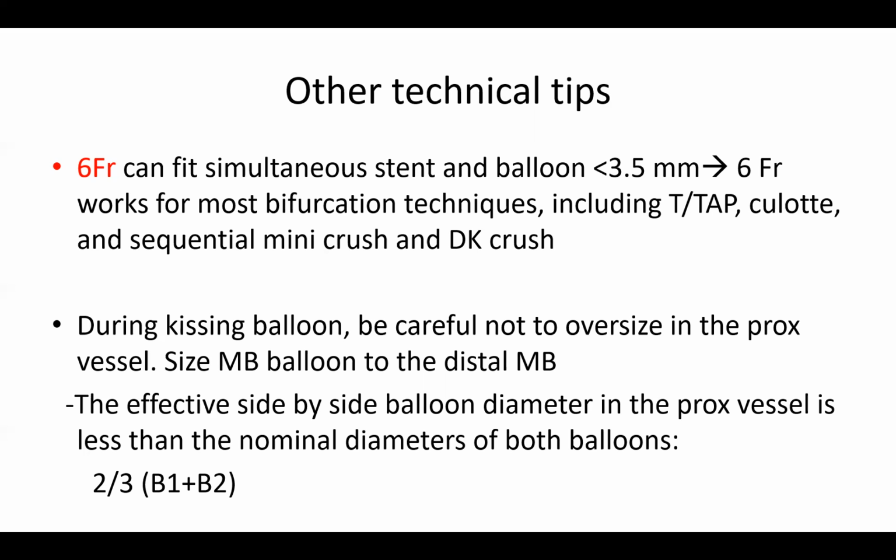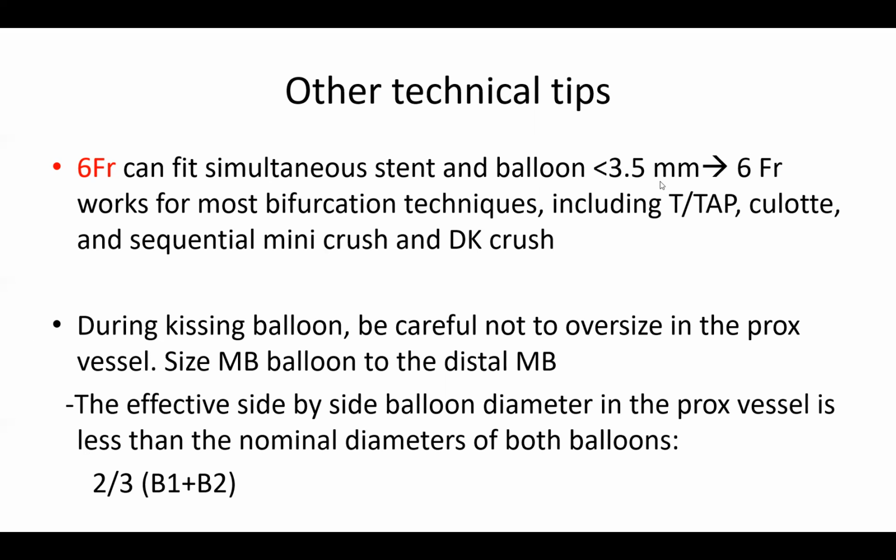It will be tight, but a 6 French does fit stent and balloon that are less than 3.5 millimeter. Therefore, with a 6 French guide, you can do sequential crush, you can do DK crush technique, you can do culotte, and you can do TAP, T with protrusion, which I will explain in a little bit, where you do simultaneous stent balloon.